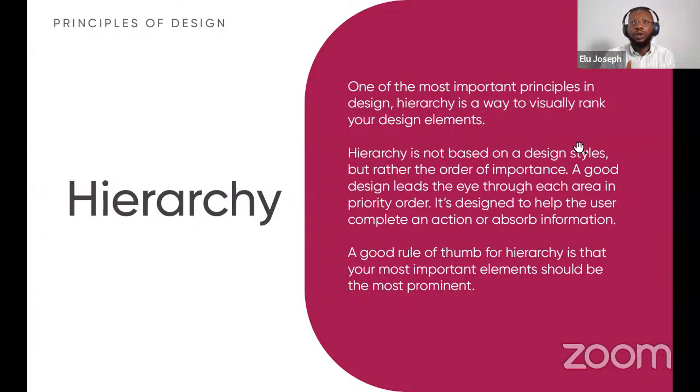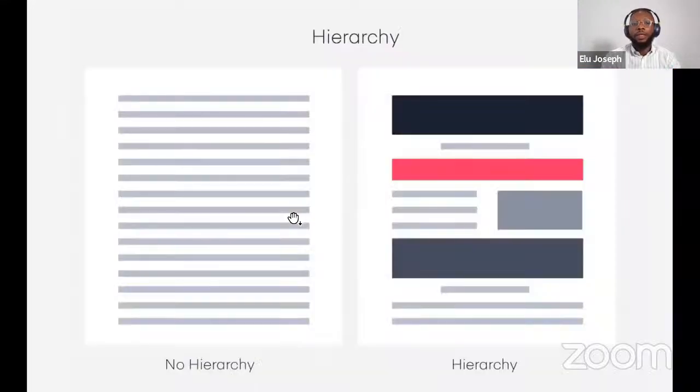You know, the way you write in your notes where you have the title, the subtitle, and then the notes. That's what hierarchy does, right? Now, this is a very simple and clear example of hierarchy, and I showed you a few designs yesterday to explain all of this. On the left, no hierarchy, and on the right, we have hierarchy, which is plain and easy to see, right?